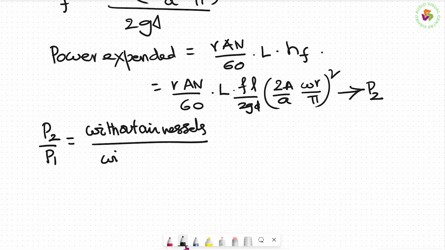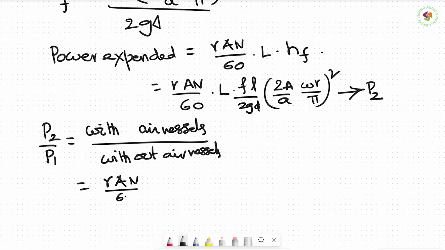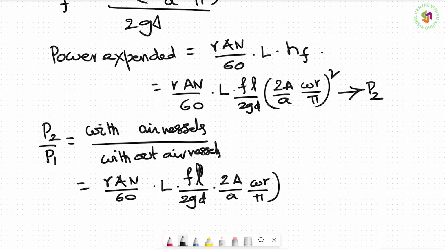So P2 is equal to, with the air vessels, gamma AN by 60 into L into FL by 2GD into (2A by a omega R by pi) whole square.